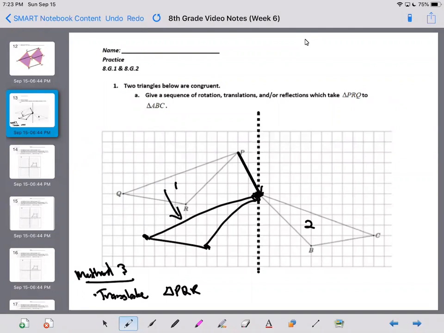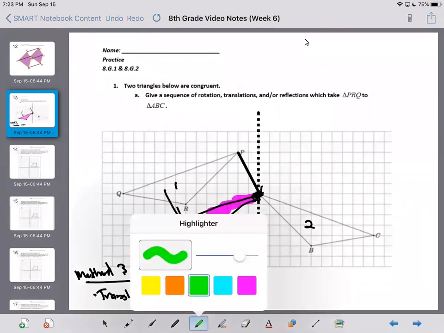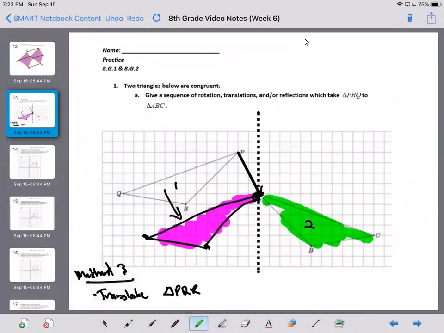And so now we're going to reflect this to where it lands over here. But what line was that? Well, that was reflecting over a certain line, and we'll call that line W. We had to reflect it over line W so that the purple would land on the green.